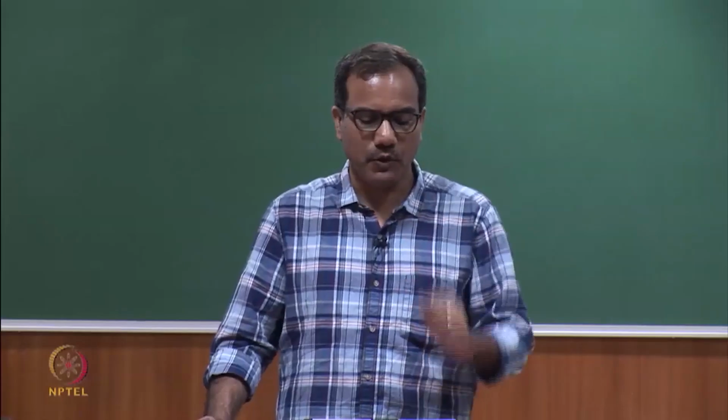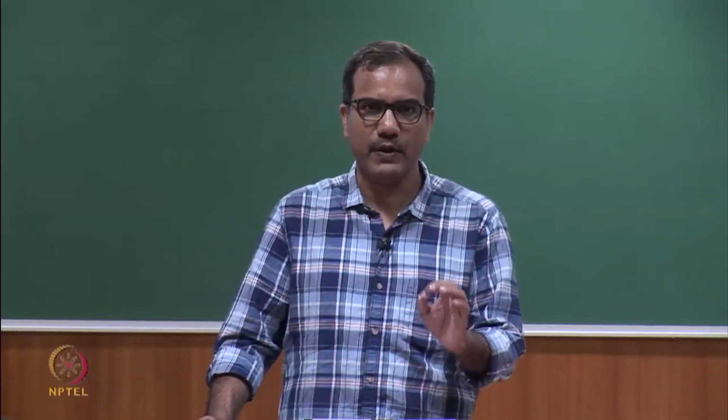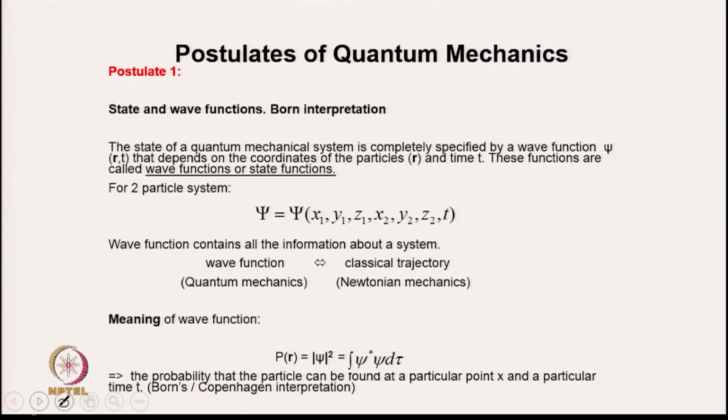So, the first postulate is that the state of a quantum mechanical system is completely specified by a wave function, which depends on the coordinates of a particle and time t. I have already told you that psi is a wave function of x, y, z and t. This is for a one particle system.